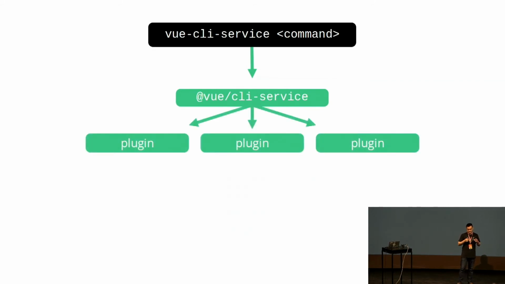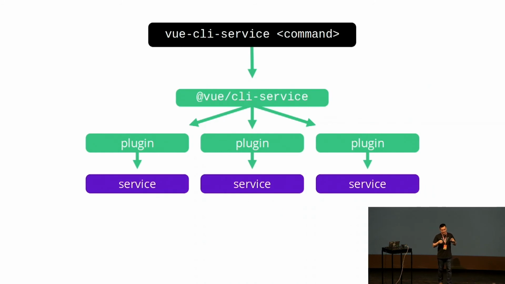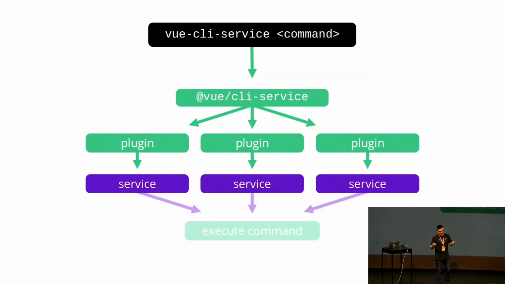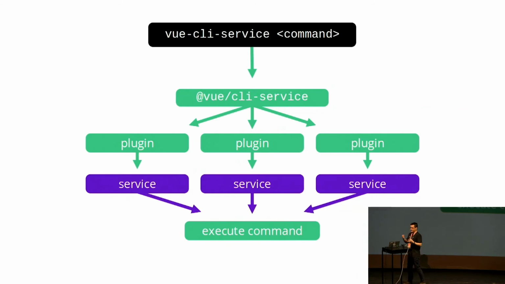And then the service will look for all the plugins installed in the project, using the naming convention. So if you named your plugin wrong, it will not find it. And then it will load the index.js files in every plugin it found, and then you can customize things. And then finally, it will execute the command requested by the user.